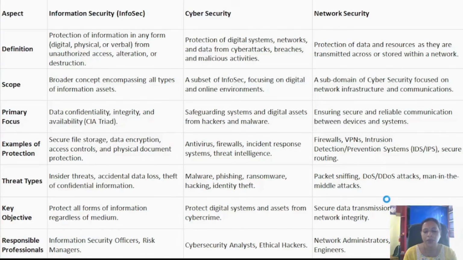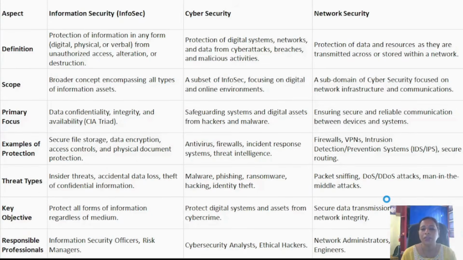And network security is a subdomain of cyber security specialized in securing data during transmission. So, in simple terms, all network security is a part of cyber security, and all cyber security is a part of information security.